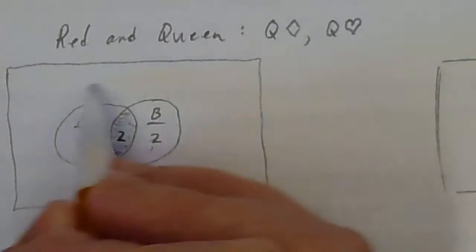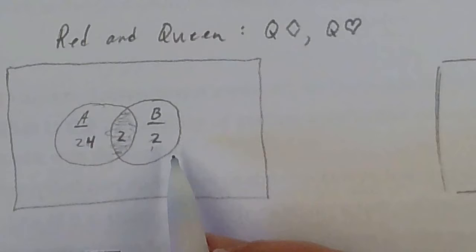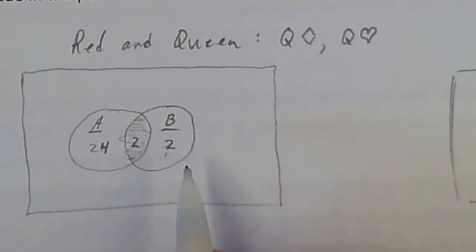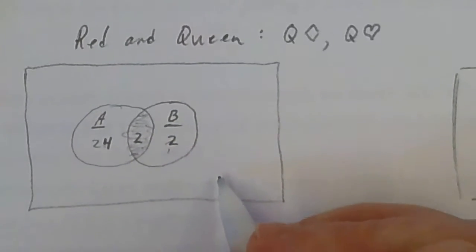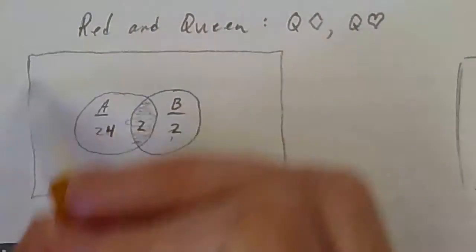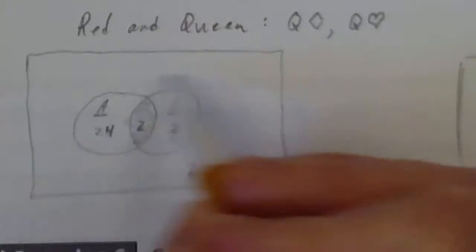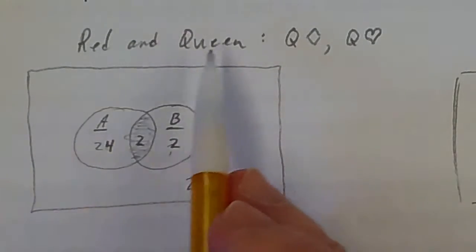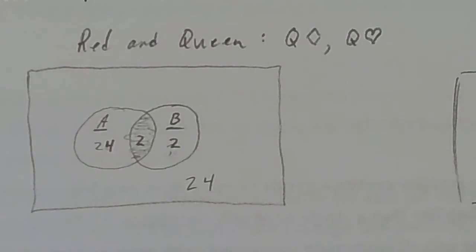Usually outside here, you put things that are not red and queens. Okay? So basically there's 52 cards, right? So we have 28 accounted for. So that means there's 24 cards left over. So we put 24 somewhere outside of those. It's still kind of in the sample space of a deck of cards. All right? So if it's not red and not a queen, we have 24 cards left over, is what that means.